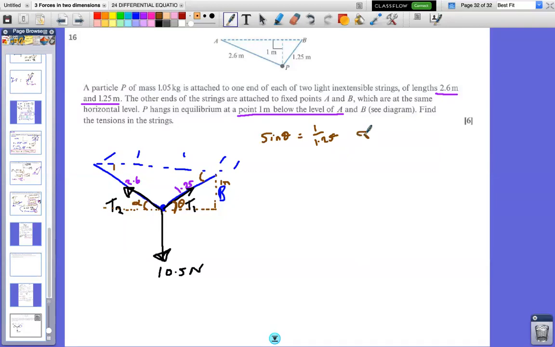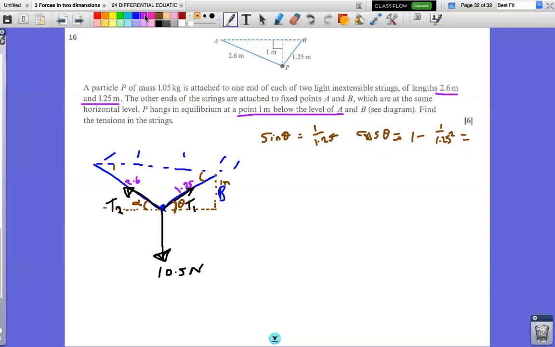And cos theta will be what? Sine theta is 1 over 1.25, so cos theta will be the square root of 1 minus 1 all over 1.25 squared. You can calculate that.